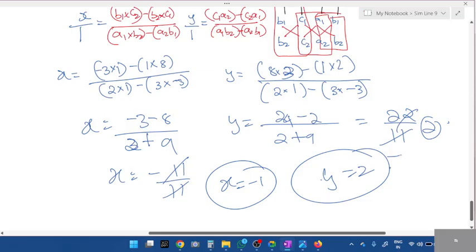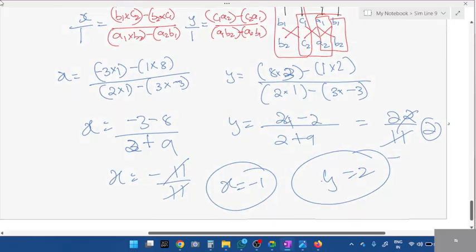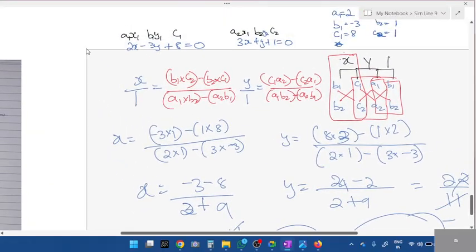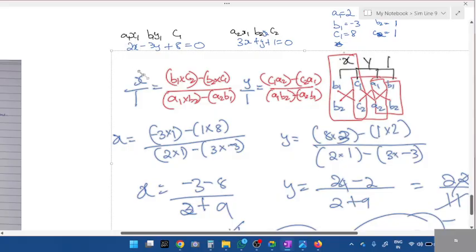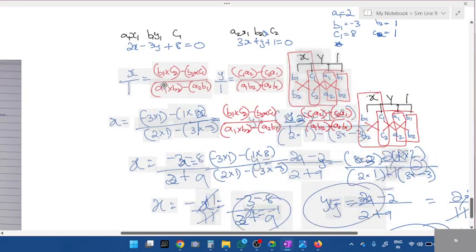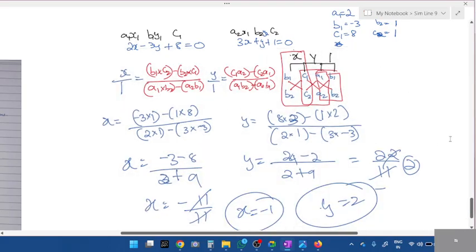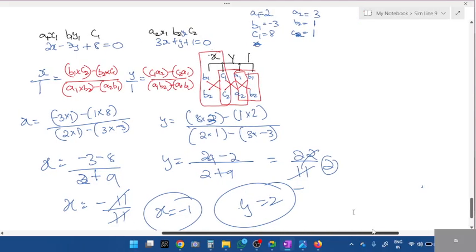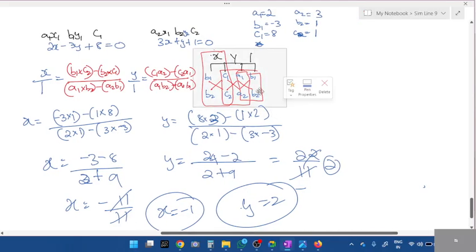Respond, students, all of you understood? X is minus 1. This question is given for revision, so most probably they would give a similar question even in the final exam. Make a note. Be quick. This is how we are supposed to do it in the exam: A, B, C values, B cap, all these things.